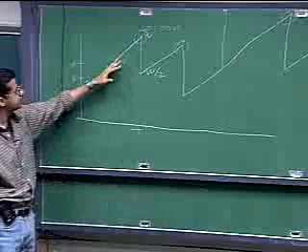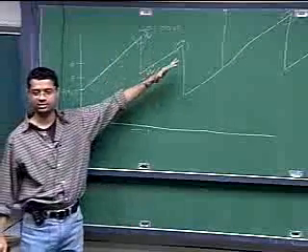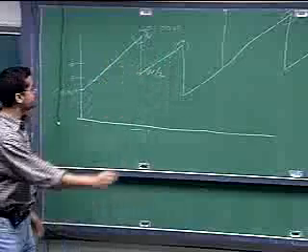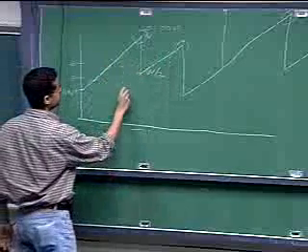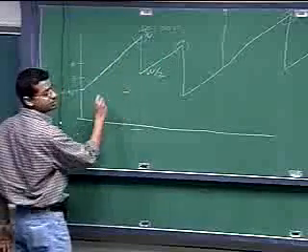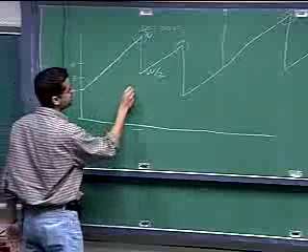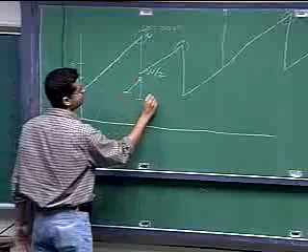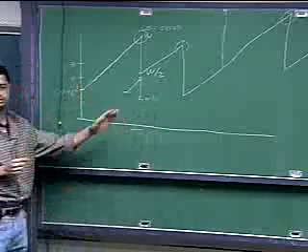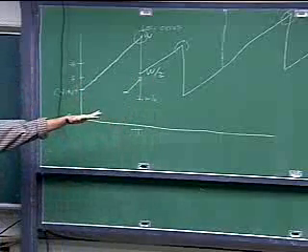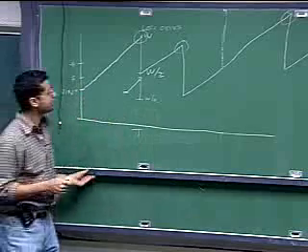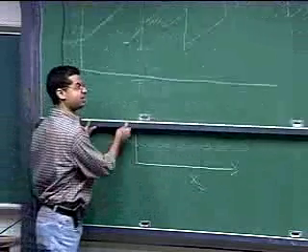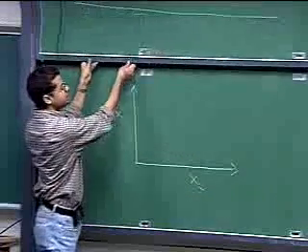Suppose this was the sawtooth of the first flow. The second flow starts sometime now, here. When congestion occurs, its window size was somewhere here, and it will drop down to some point here. Let's see how that impacts fairness.